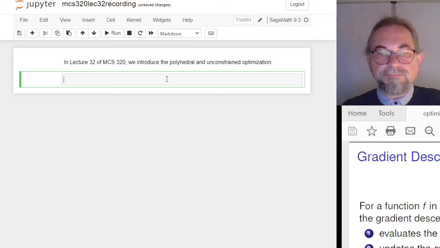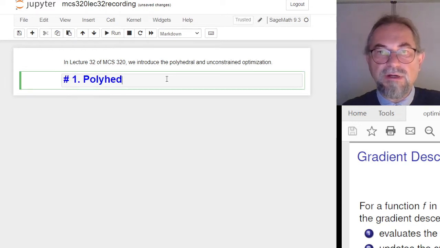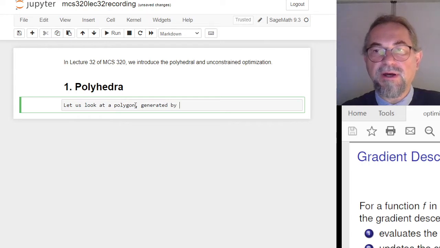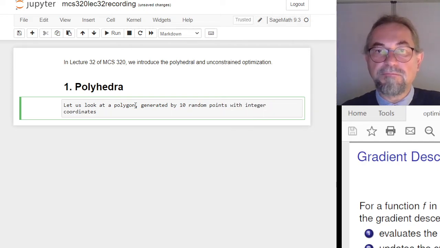So polyhedra. Polyhedra are defined in two ways, either by the V representation or the H representation. But let me make a random example. So let us look at a polygon generated by 10 random points with integer coordinates between 10 and 99.